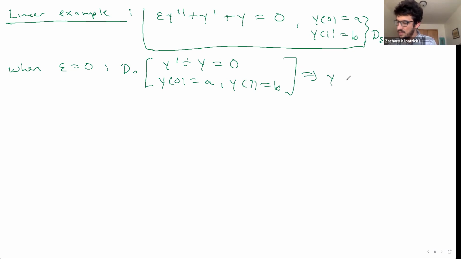So in this case, if I just solve the D0 equation, okay, it's kind of weird because, if you think back to differential equations, I have a first order equation, but I have two boundary conditions, okay? And that's going to be a problem because in general, I could not expect to be able to satisfy two boundary conditions if I have a first order differential equation. And so y equals A e to the minus x, I only have one free constant, okay? So I can't satisfy both boundary conditions in this case, right?